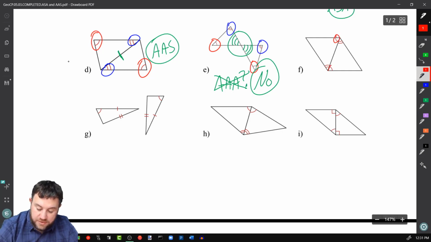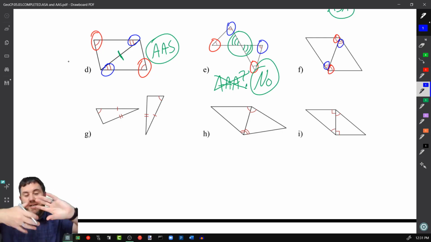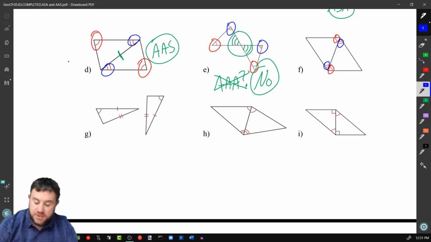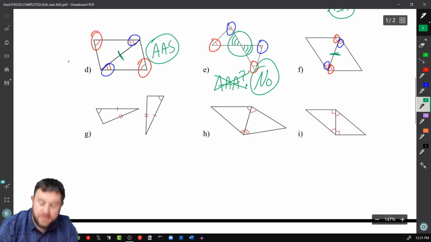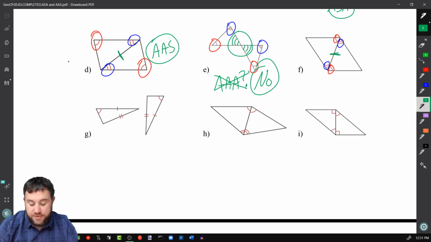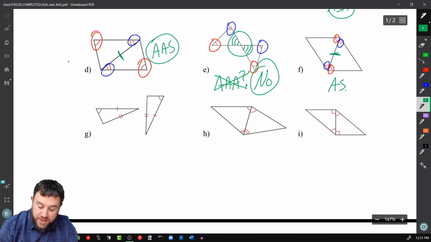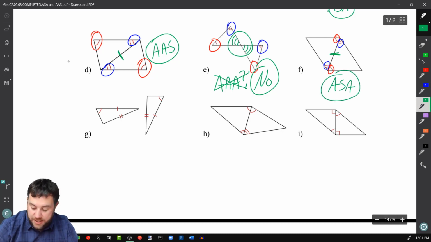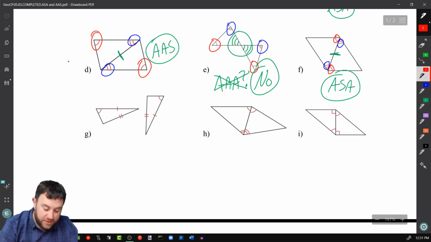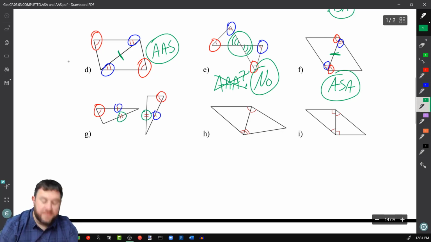For F, we've got those angles, we've got these angles. The triangles are put together, but then one of them's flipped upside down. And they do share a side. And that side does connect the red and the blue angle. So that means it's in the middle, so that's ASA. For G, we've got a pair of angles, we've got 1 pair of sides, and we've got another pair of sides.